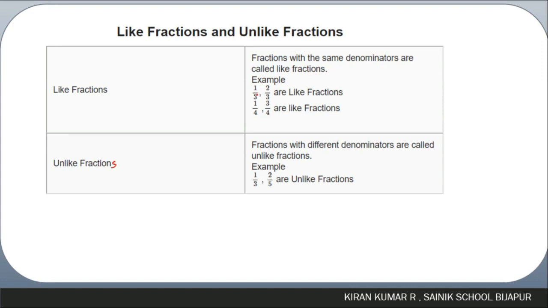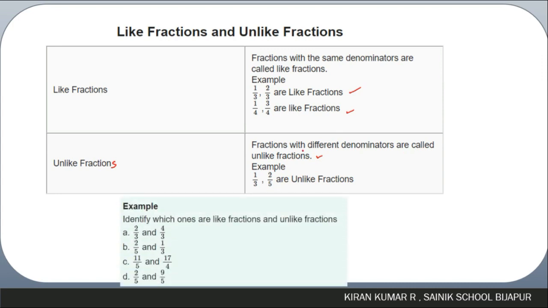For example, 1 upon 3, 2 upon 3 are like fractions. 1 upon 4, 3 upon 4, they are like fractions. The fractions with different denominators are called unlike fractions. For example, 1 by 3, 2 by 5 are unlike.